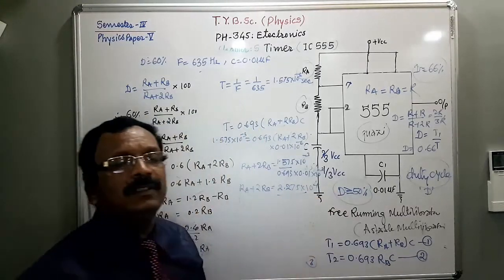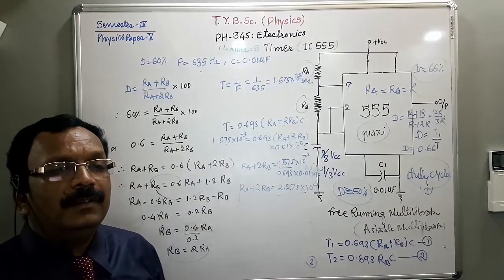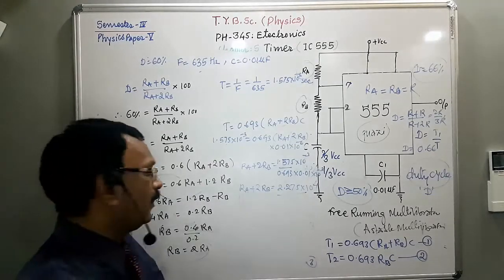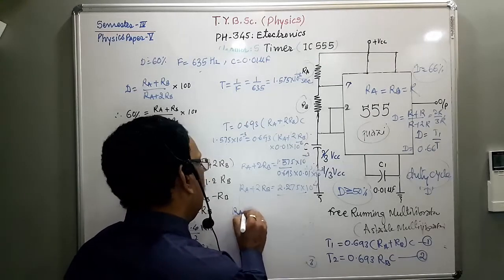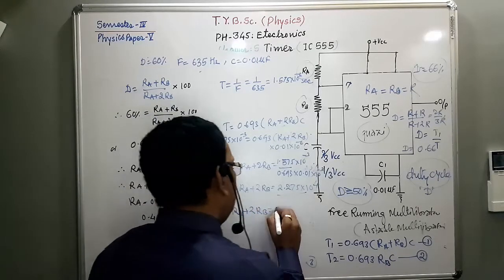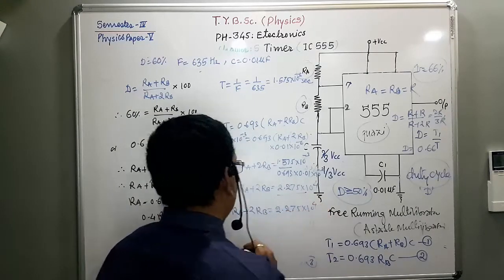This is the value of RA plus twice RB. From these equations 1 and 2, we have RA plus twice RB equal to 2.275 into 10 raised to 4.